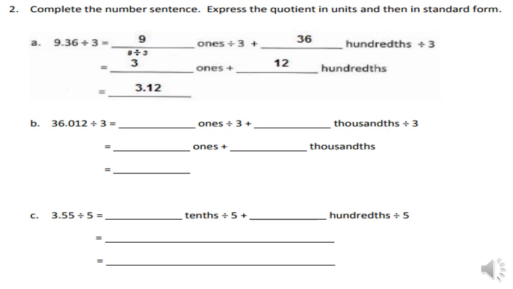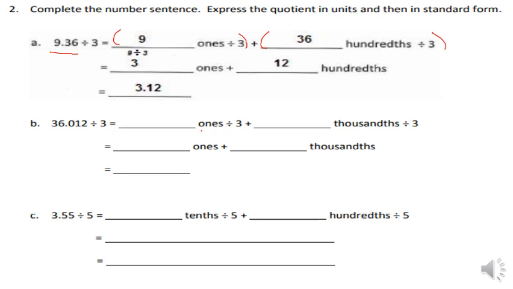Now up in A, they've already done it for us. Let's take a look. Here they're using the distributive property. They're taking this 9 and 36 hundredths, and they're going to split it up and divide each one by 3.